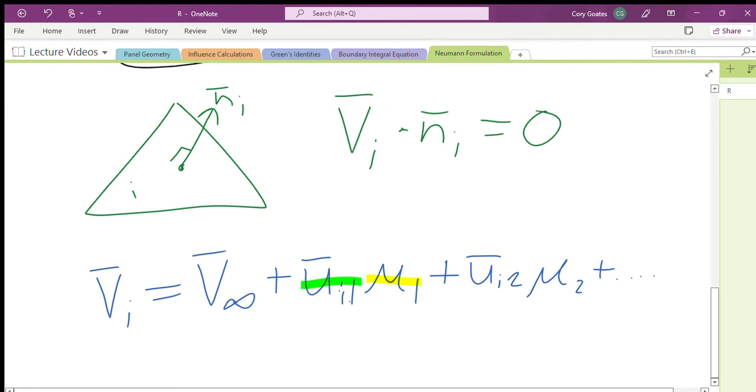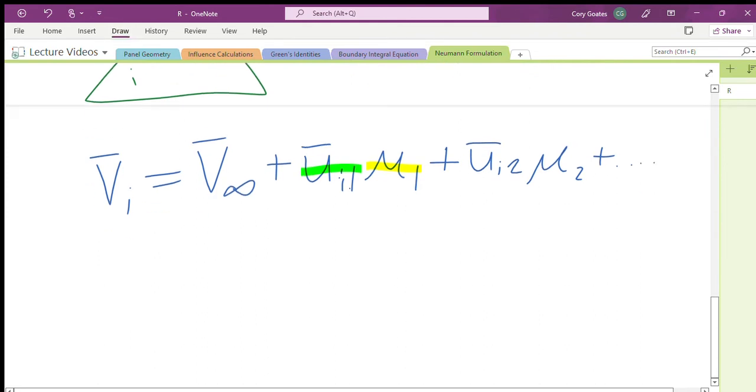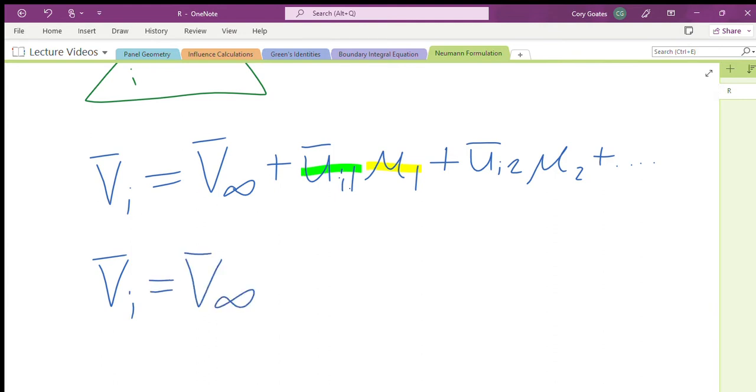And so rather than writing all of that out, I'm just going to make life easy for myself. And I'm going to say that V_i is equal to V infinity plus the sum from j equals 1 to n of u_ij.